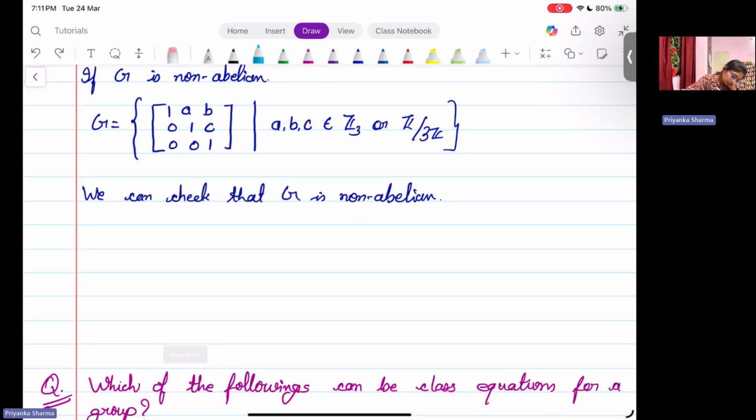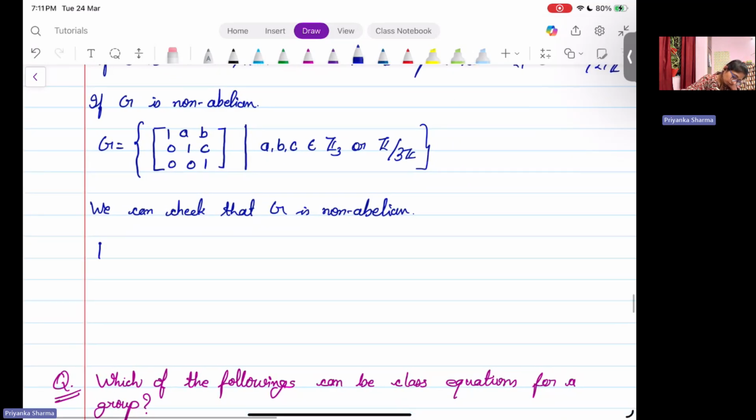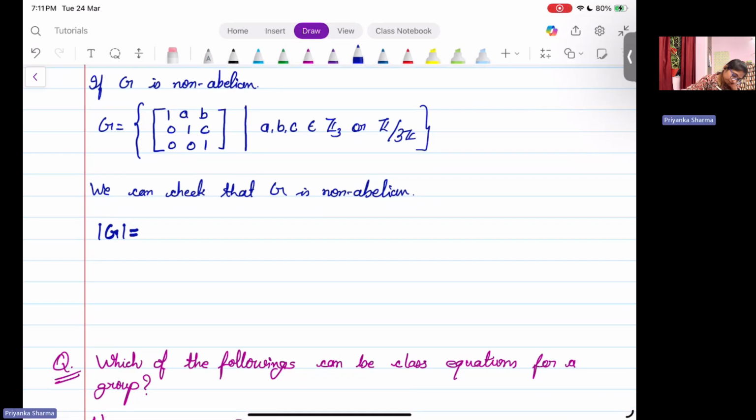So what will be the order of G? The order of G will be the number of ways we can pick A in Z3, times the number of ways we can pick B in Z3, times the number of ways in which we can pick C in Z3. That is 3 times 3 times 3, or 27. So that's why the statement is true.